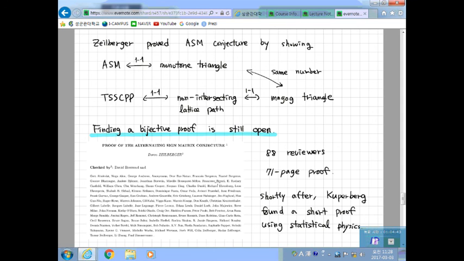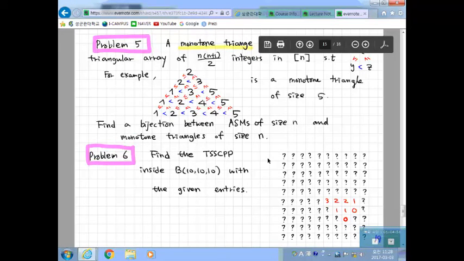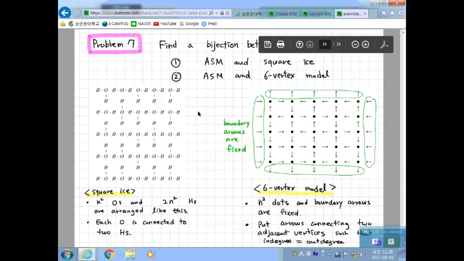I'm not going to go over the details, but you can read this paper, this slide, or lecture notes, on monotone triangles and square ice. Just for a short note, square ice is something like this. A water molecule has one oxygen and two hydrogens. They are connected like this.